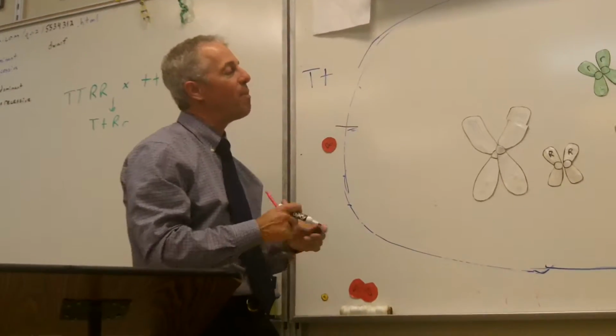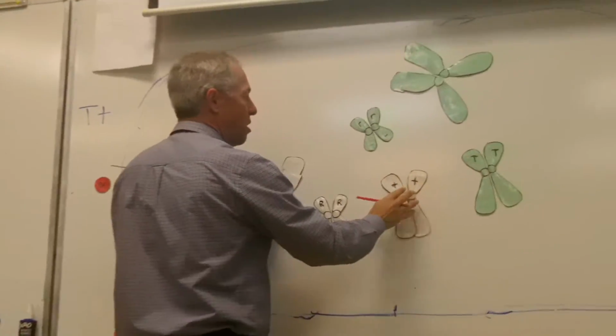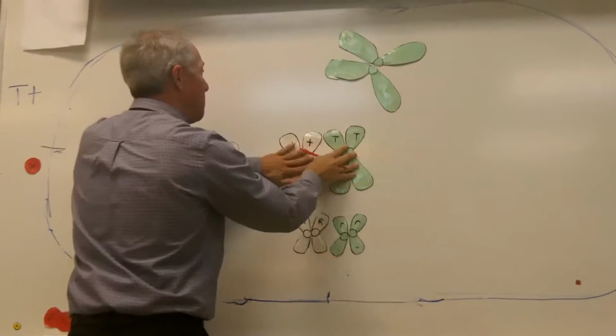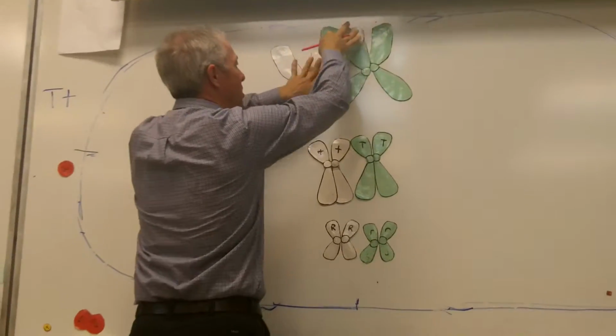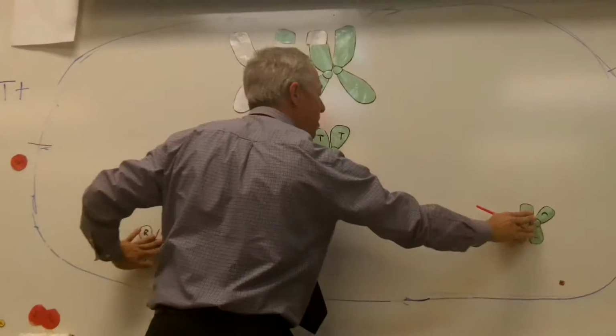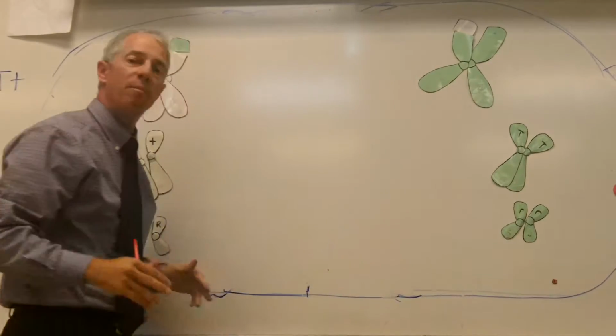And when we go through meiosis and we make sperm cells, what we're going to do is line these things up in the middle. Line them up in the middle. They switch pieces during crossing over. And then separate them out into sperms and eggs. Remember this process?